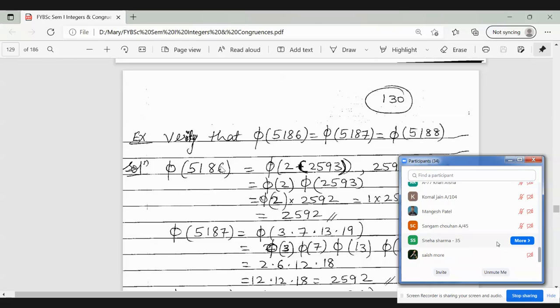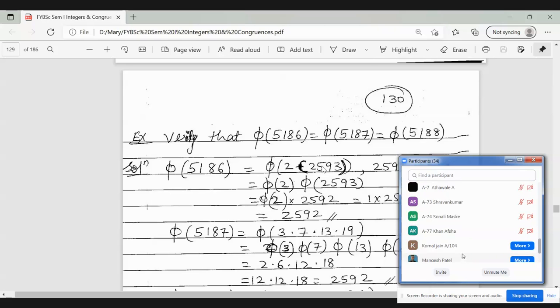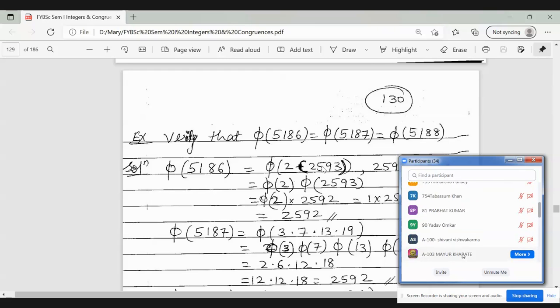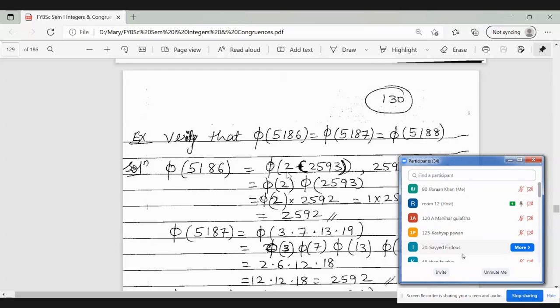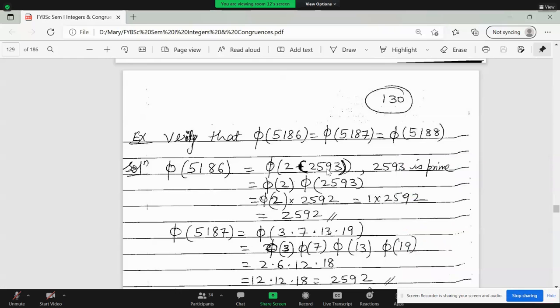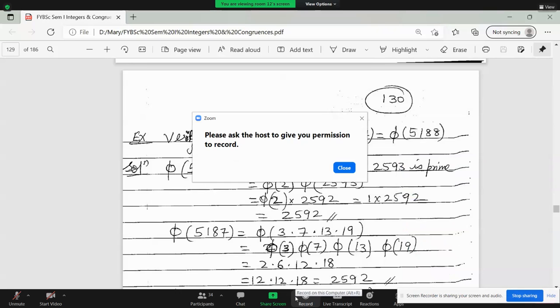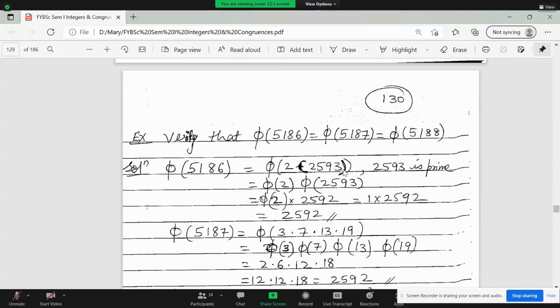5186 is phi of what? Phi of 2 into, I take 2 common here, 2 into 5 into... okay, 2593. Is 2593 prime?